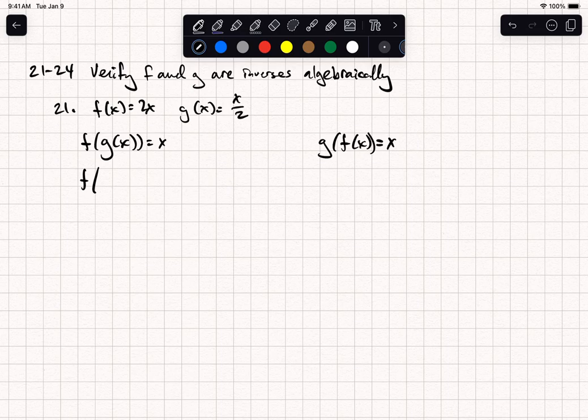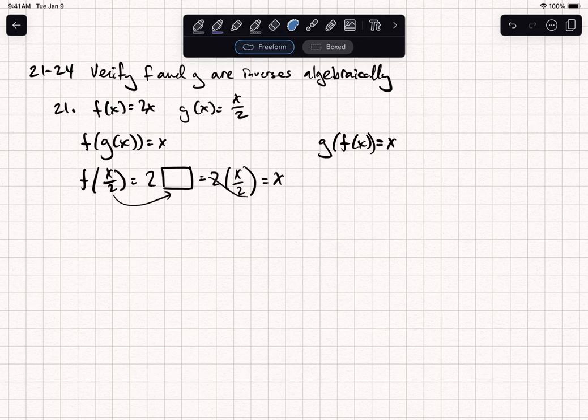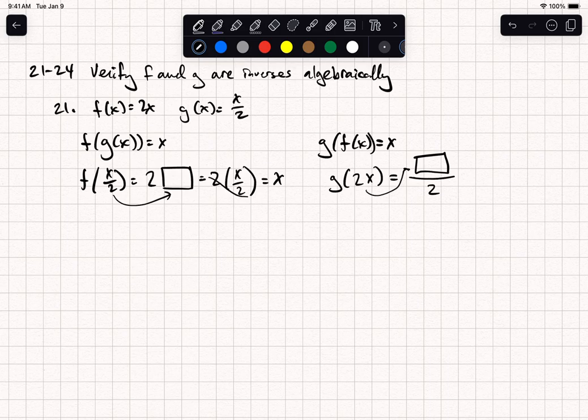I insert g, rewrite f in box notation, put x over 2 in the box, that equals x. For g of f of x, rewrite f, rewrite g in box notation, plug in 2x, and both of those are valid.